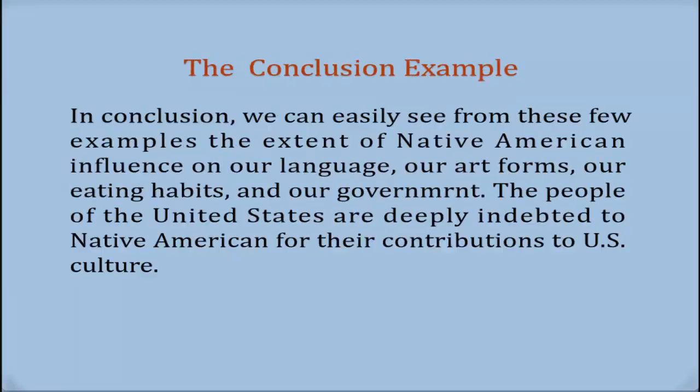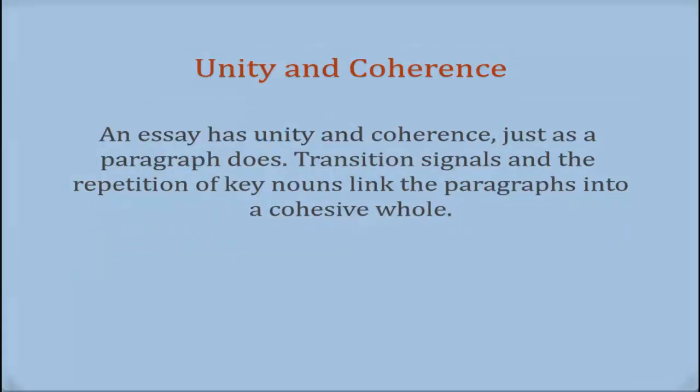You know what? After the introduction, the body, the conclusion, you should remember that your essay should have unity and coherence. To have this unity and coherence, an essay should have transition signals and the repetition of key nouns to link the paragraphs into a cohesive whole.